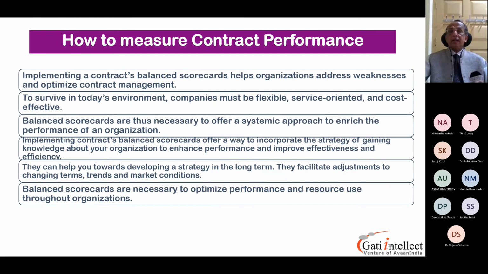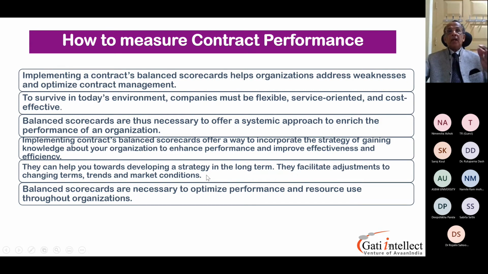Incorporate strategy for gaining knowledge about your organization. So once an organization is running well, the contract performance within the organization will always be up to the mark. They can help you towards developing a strategy in the long run. They facilitate adjustments to changing terms, trends, and market conditions.